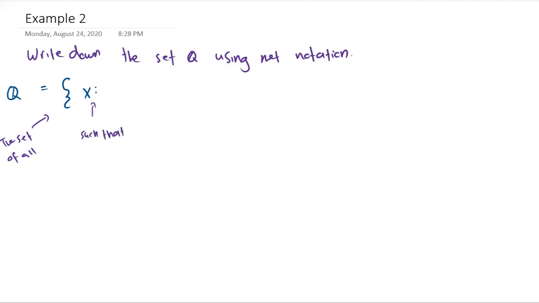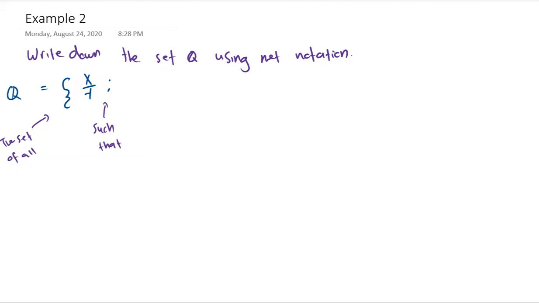And actually for rational numbers we need a little bit more. So we write the set of all X over Y such that. Right, so now there are two variables here. And again, this colon means such that. So we have the set of all X divided by Y such that.